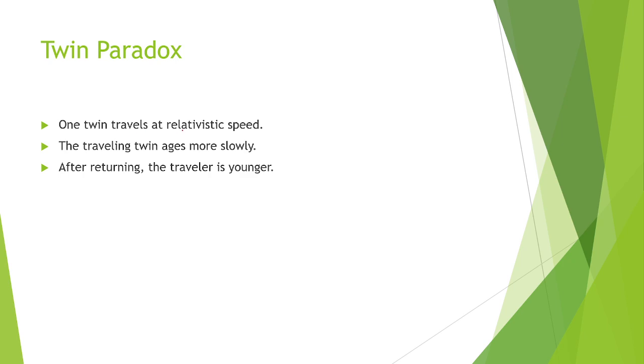Okay, one twin travels at relativistic speed. The traveling twin ages more slowly. After returning, the traveling twin is younger. So let's say, in the previous example, let that 1 hour be 10 years.